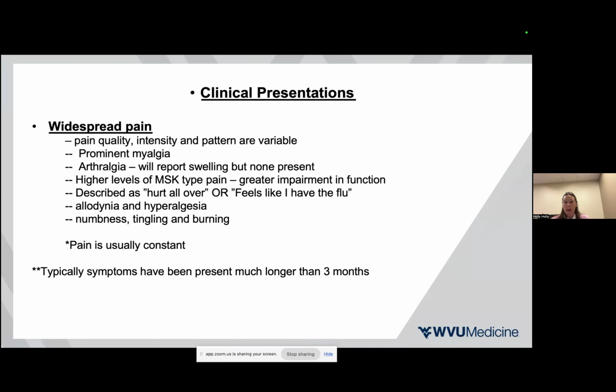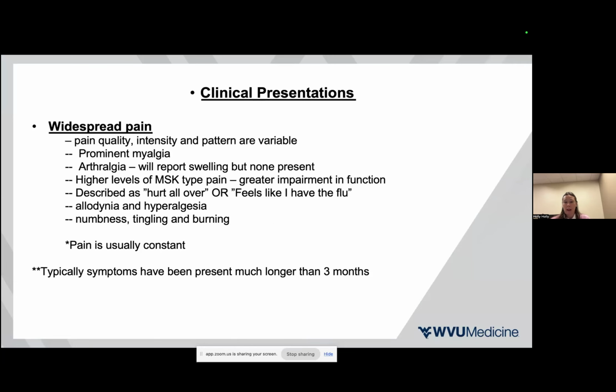So they're not only going to complain of joint pain, but also a lot of muscle pain. With the joint pain, sometimes patients will say that their joints feel swollen or stiff. But on exam, you're not really going to see any of that objective swelling like you may see in osteoarthritis or rheumatoid arthritis.